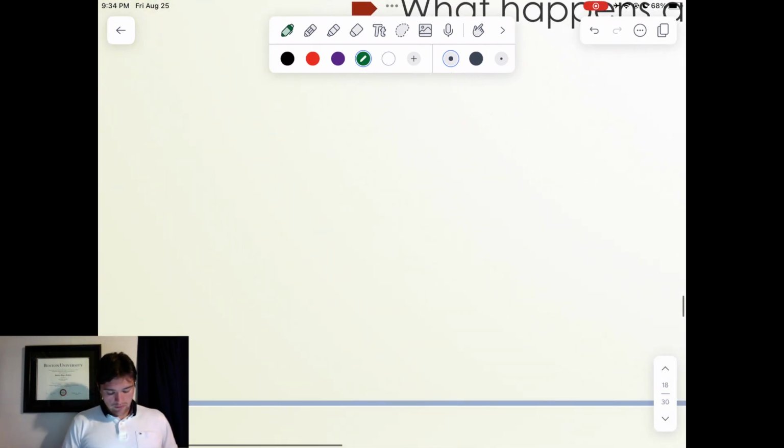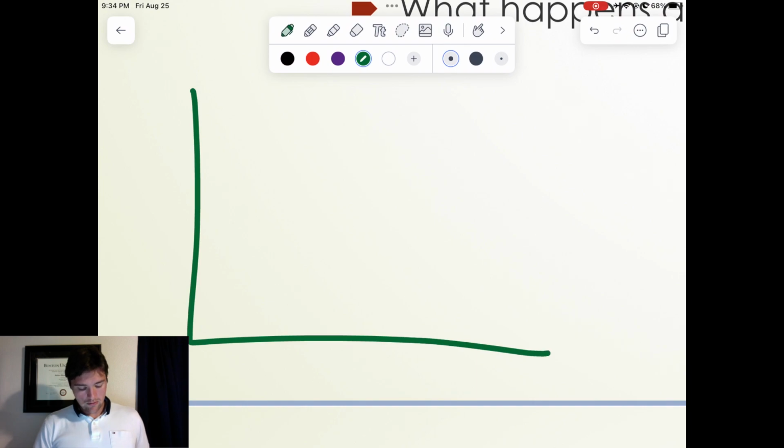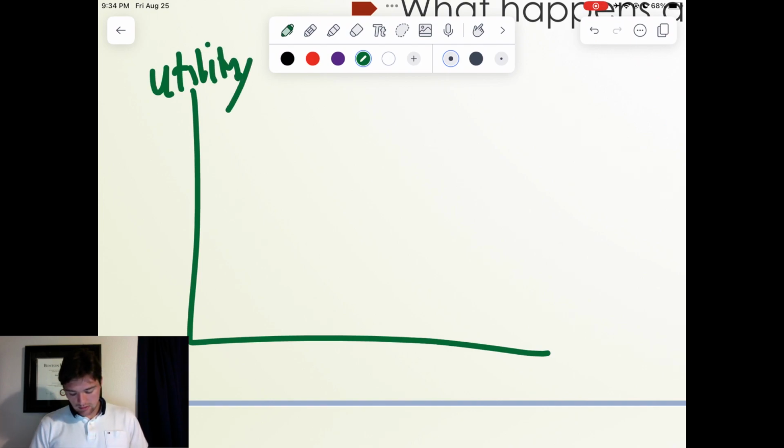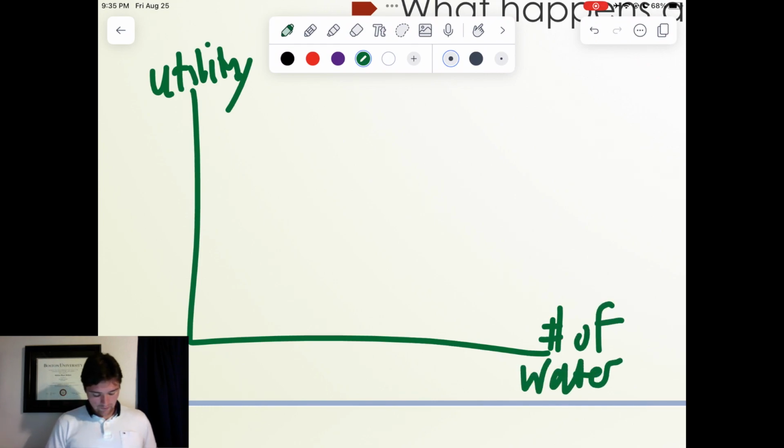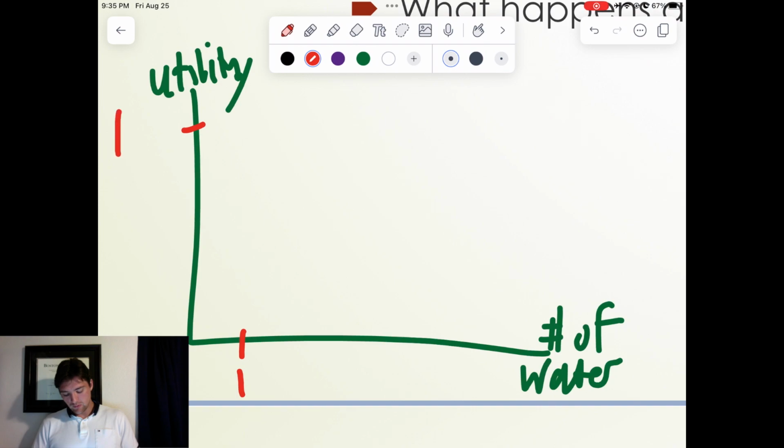So if we were looking at a graph here, and this is my utility, or utils, which they sometimes say, and this is the number of water bottles. And that first one that I have, I said it was 1,000,000. So 1M. Now, what about that second one?